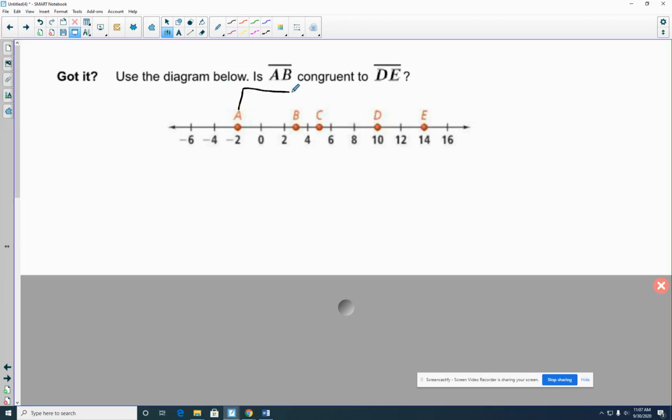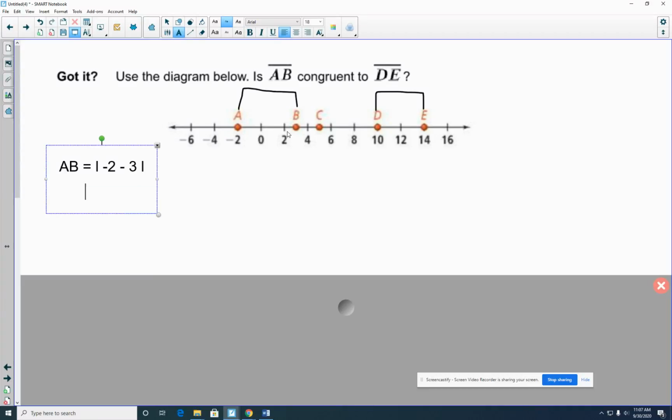From A to B, and I have to compare from D to E. So AB is equal to the absolute value of -2 minus 3. -2 minus 3 is the absolute value of -5. The absolute value of -5 is just 5.